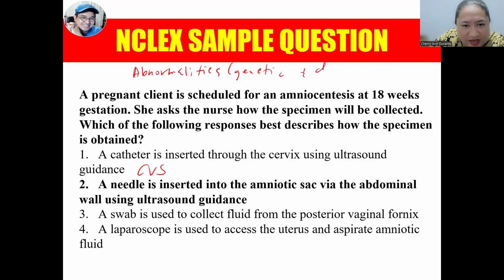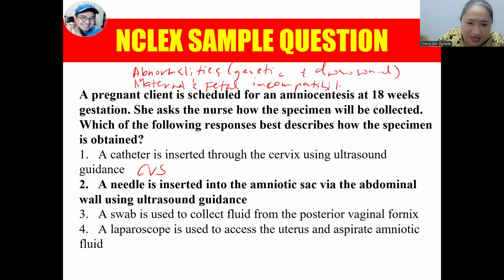Letter M: aside from abnormalities, we look for maternal and fetal incompatibility. Example of that is your Rh incompatibility, so you can check that using your amniocentesis.